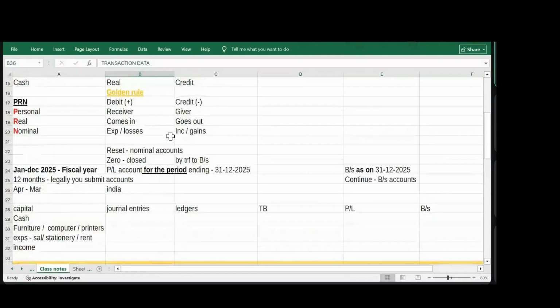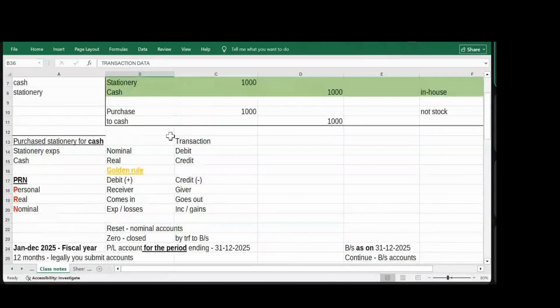Yesterday, when we did this, our example was stationery expenses and cash, two sides to the same transaction. Now, if I have a next transaction, there again there will be the cash account involved and something else.